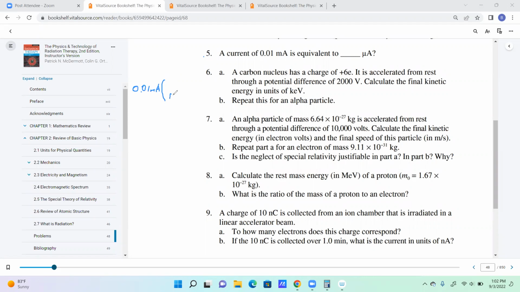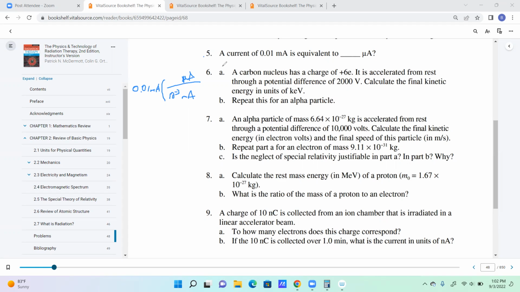So we know 10 to the minus third milliamps. And then we know we're going to have the microamps up the top. So the question is, how many of these microamps are there in milliamps?